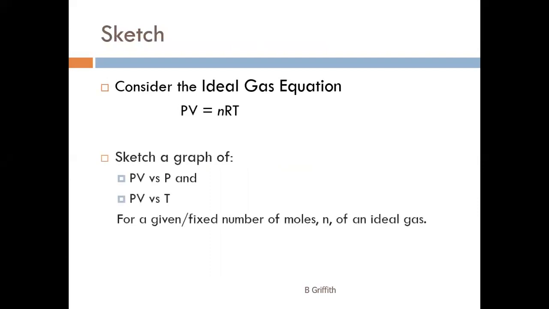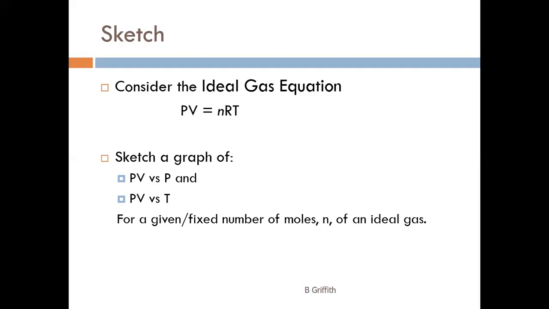One of the things you can be asked to do is sketch the graph of PV against P and PV versus T for a fixed number of moles. I would suggest that you pause the video here and sketch the graphs based on how you interpret the ideal gas equation.